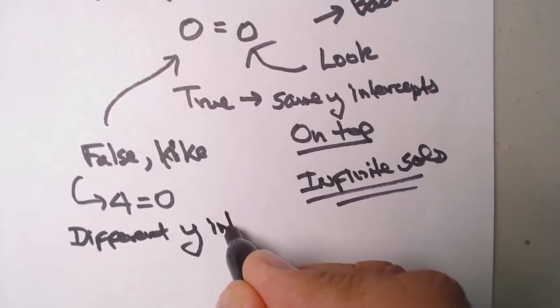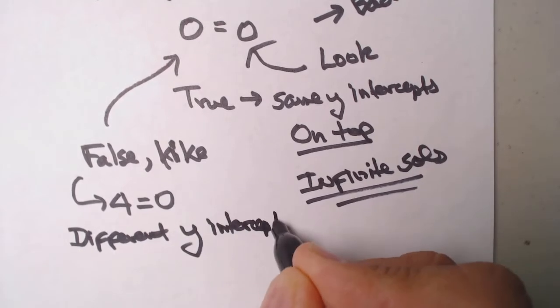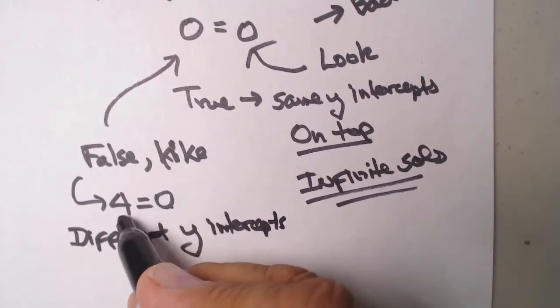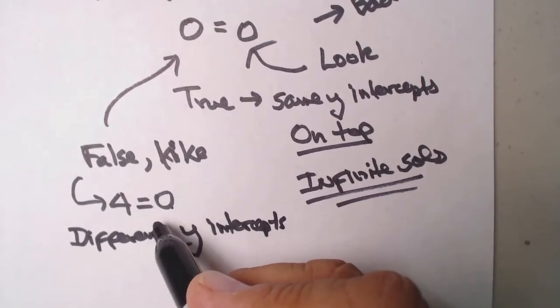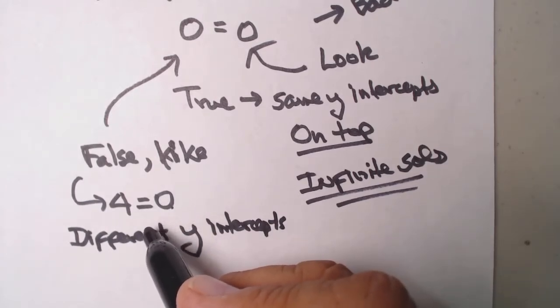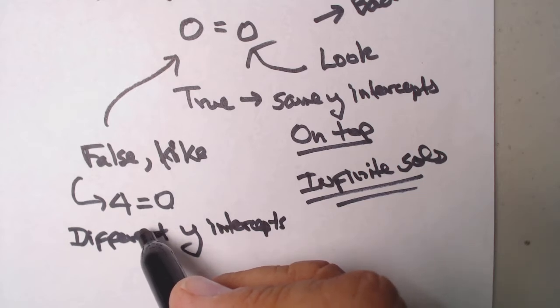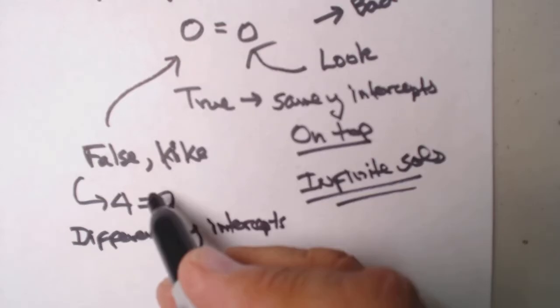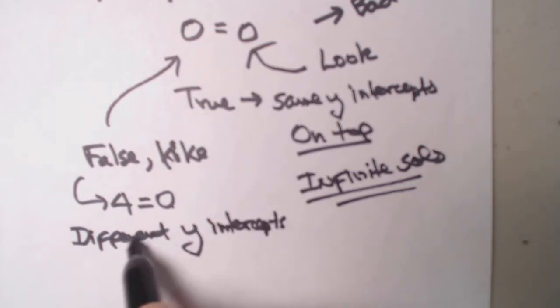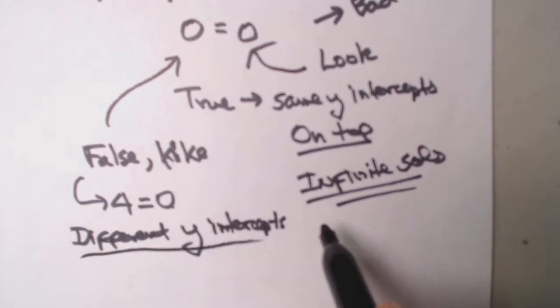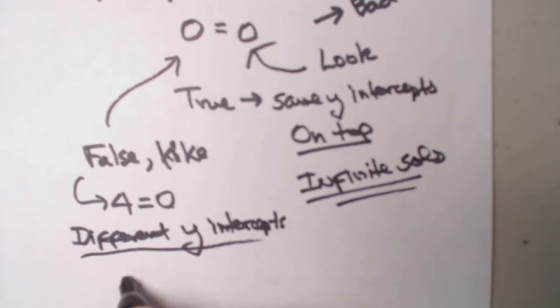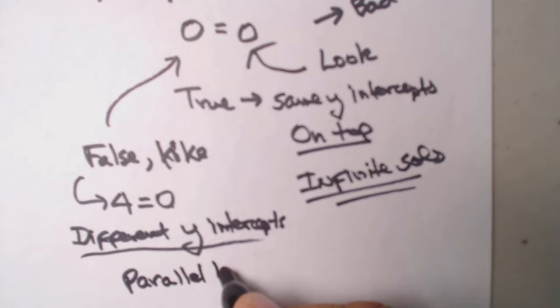And by the way, the y-intercepts, what's the difference between this? It's 4. The y-intercepts will be 4 apart, but you don't know the exact value of them, only that they're 4 apart. But that's all you need to know, because if you have a bad case, you have no variables here, and you have different y-intercepts, then that means you have the parallel line case.